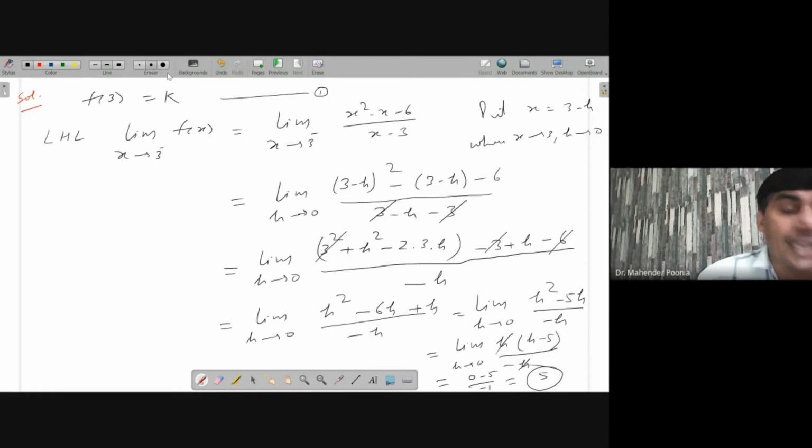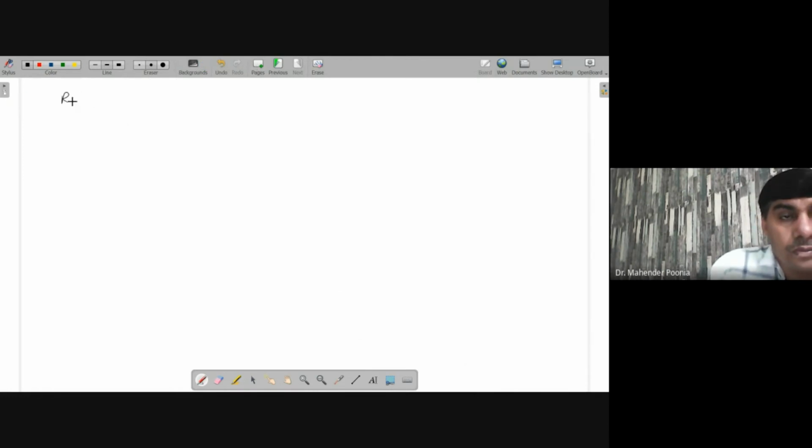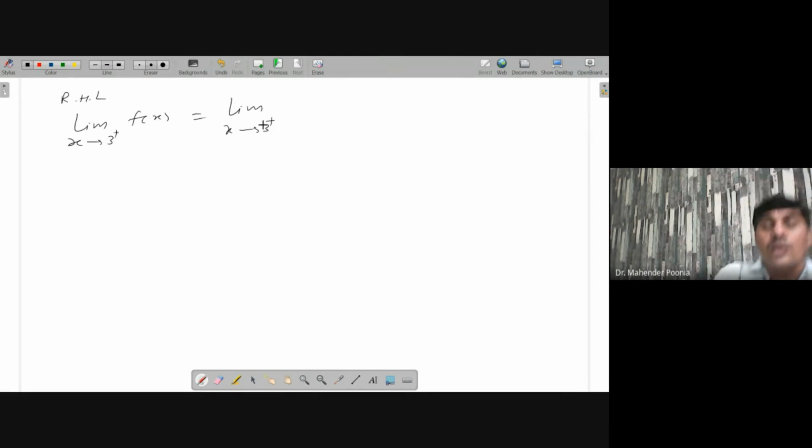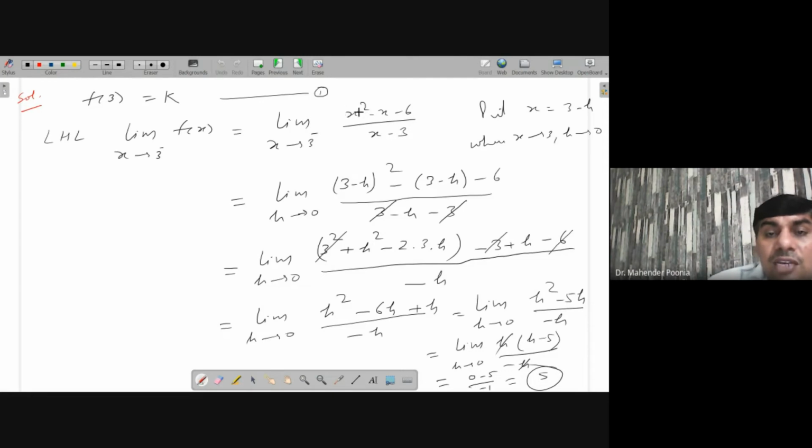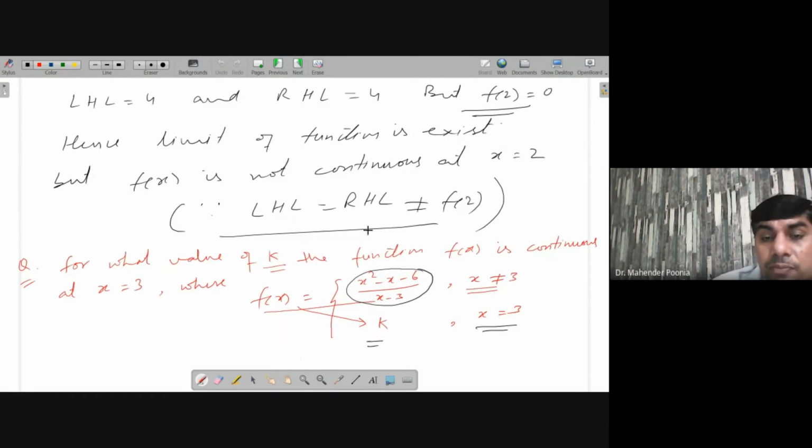Now we have to find the right hand limit. Limit x tends to 3 positive, f of x. When x does not equal 3, the value of the function is x square minus x minus 6 divided by x minus 3.